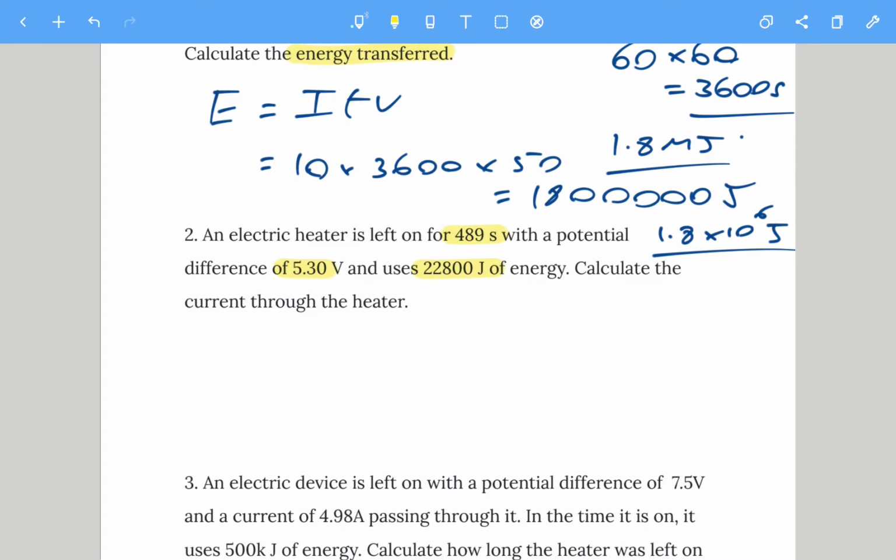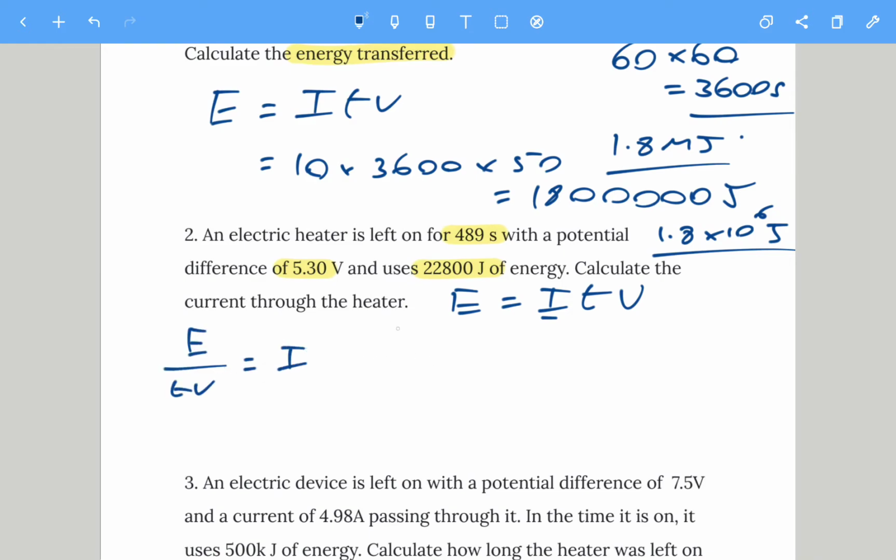So this time we're going to calculate the current. So energy is ITV. And to rearrange this one, it's pretty straightforward. So what do we need? Calculate the current. So we're making I the subject, so we've got a times T and a times V that we need to get rid of. So we just need to do the opposite of timesing by TV. And the opposite of timesing by TV is dividing on the other side, like that.